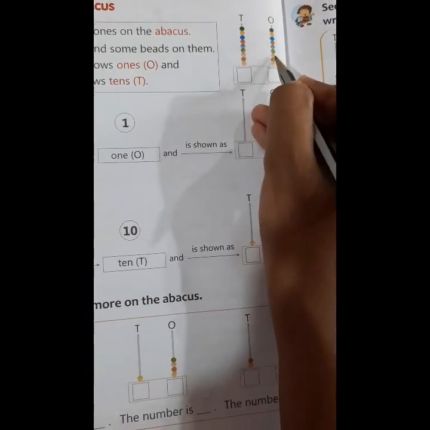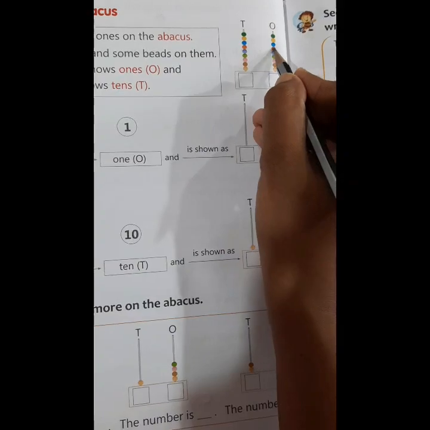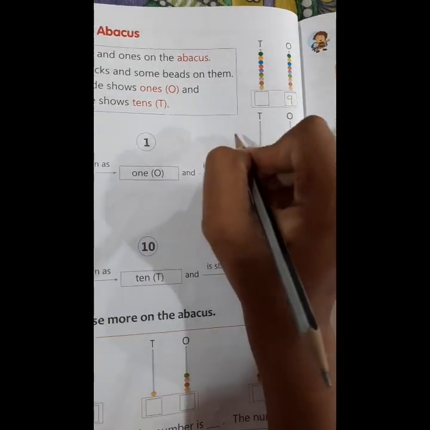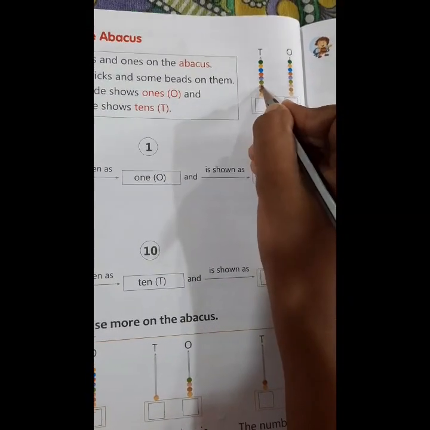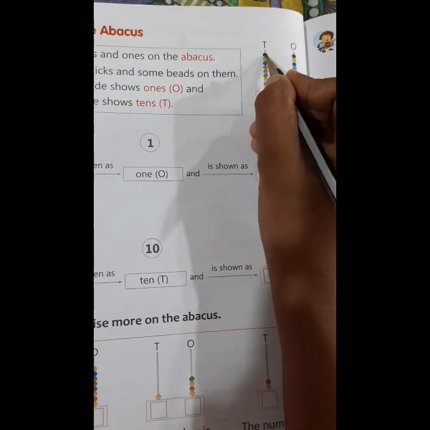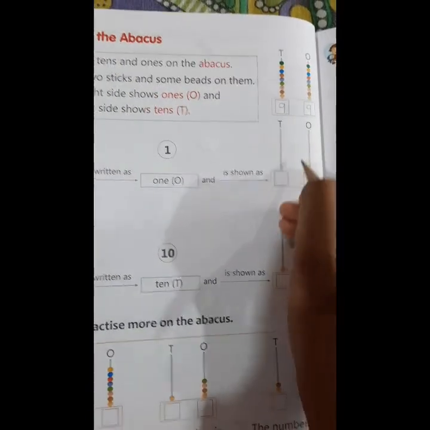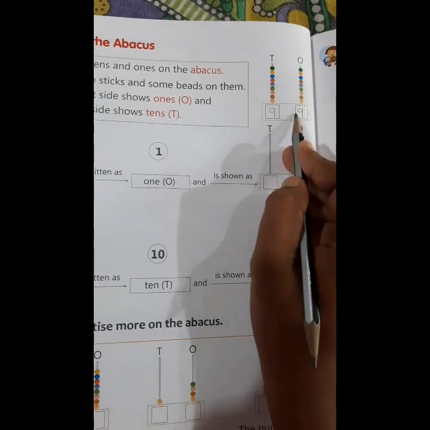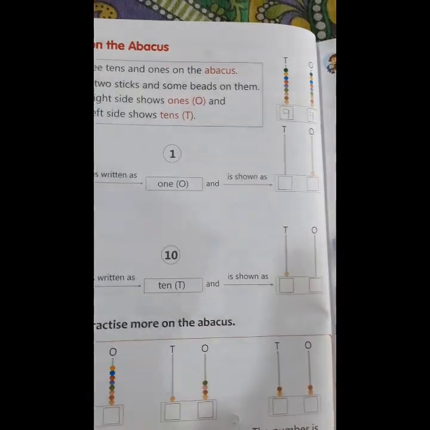1, 2, 3, 4, 5, 6, 7, 8, 9. So write 9 over here. 1, 2, 3, 4, 5, 6, 7, 8, 9. So 9 over here. So what will be this number? 99. Okay. Are you getting me?